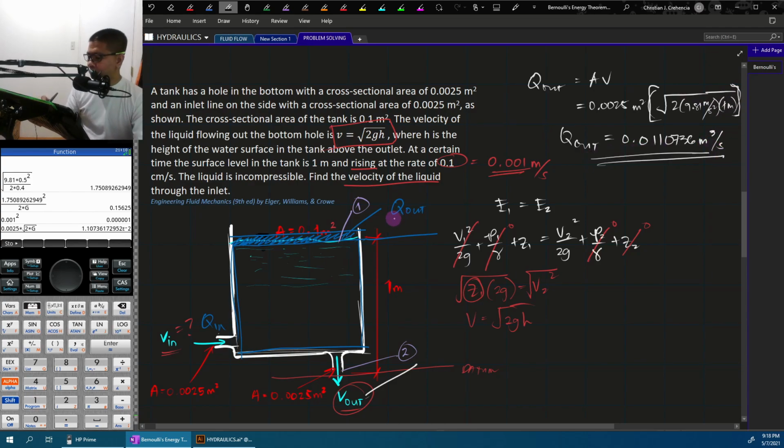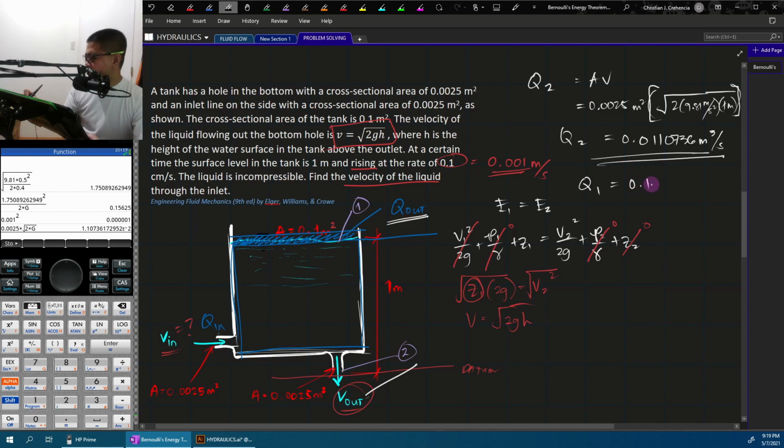Then, yung Q out natin dito sa point 1, yung tinawag natin point 1 kanina. So, ganun pa rin, no? Q. So, consider ko na lang tong Q2. So, tinawag ko na naman tong point 1. This is point 2. Then, ito na lang tawagin natin Q in. Okay, so inflow. So, Q sub 2. Then, Q1, that's a liquid surface. Area times velocity. Given na yung area nito, 0.1 meter squared.